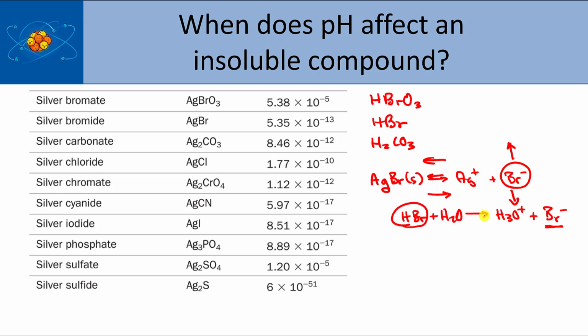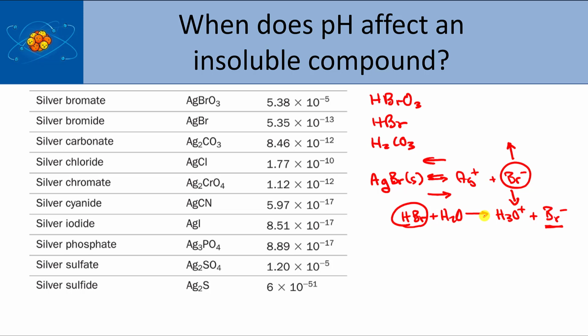Now, had bromide been fluoride instead, then it would have been pH dependent, because the hydrogen ion would bind to the fluoride ion and form HF, which is a weak acid. So it really boils down to: is the anion the conjugate base of a strong or a weak acid?